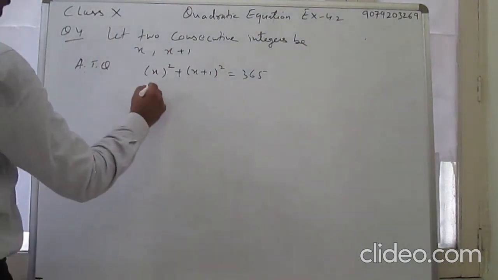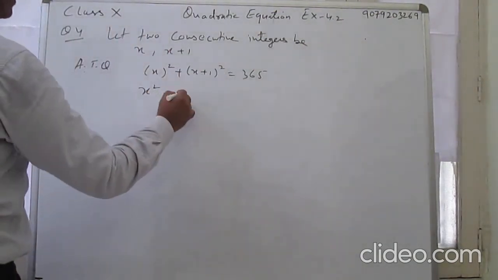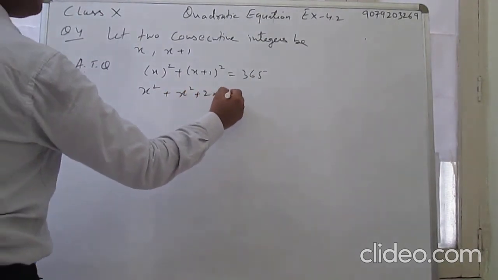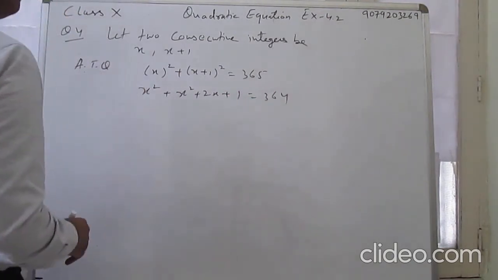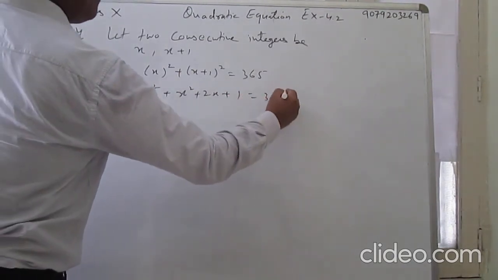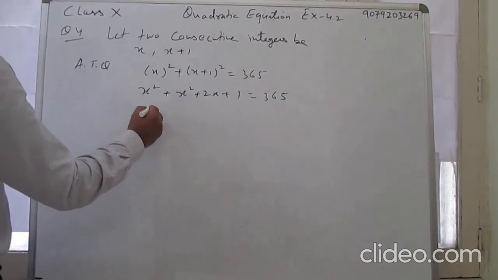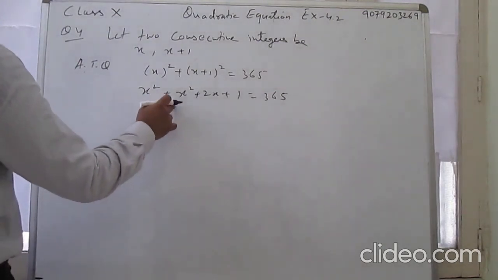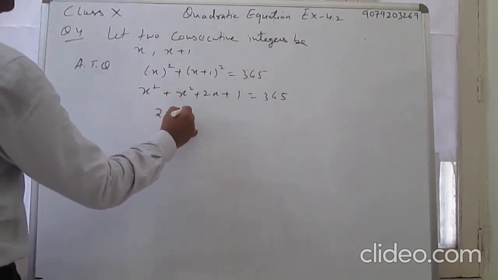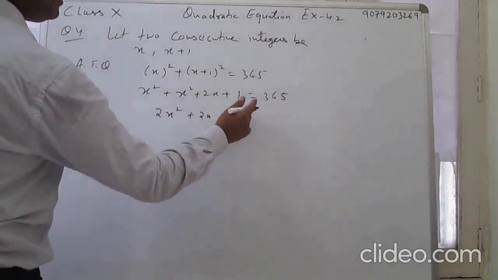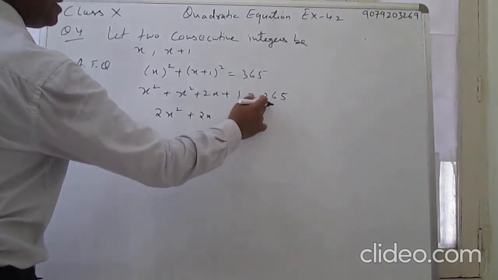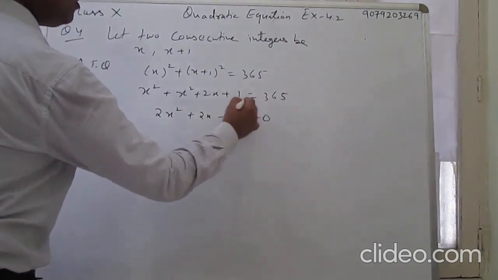So x square open with identity x square plus 2x plus 1 is equal to 365. So x square plus x square, it is 2x square plus 2x. इसको इधर ले आइए, 365 में से 1 चला जाएगा और माइनस का होएगा, minus 364 is equal to 0.